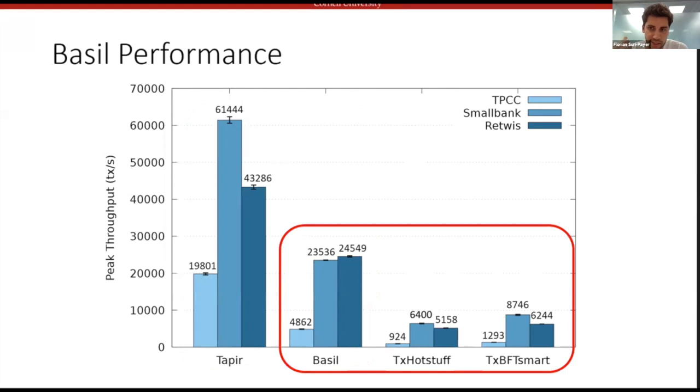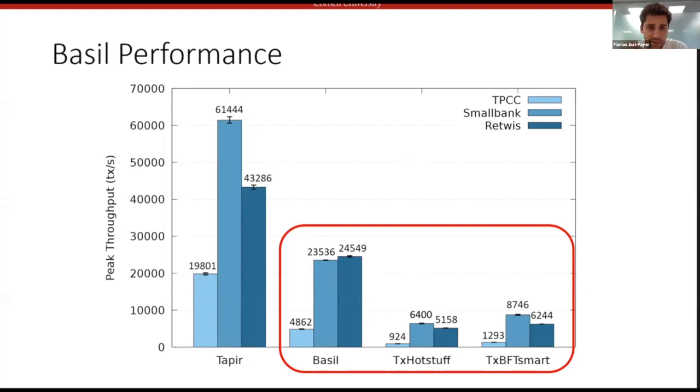If we look to the right instead, we compare Basil against two BFT baselines that also both offer interactive transactions and concurrent execution, but unlike Basil, follow a standard modular approach where you layer two-phase commit and concurrency control atop black box consensus protocols. In this case, we evaluated over HotStuff and PBFT respectively.